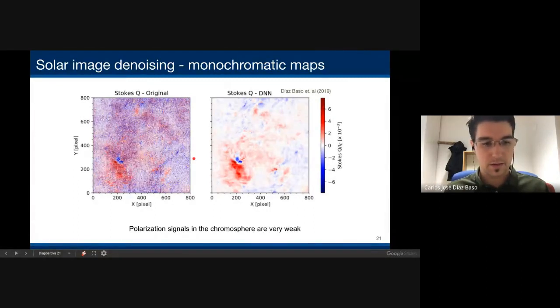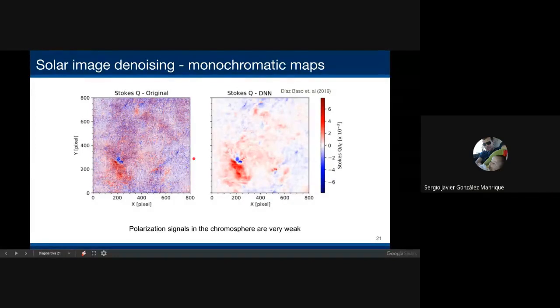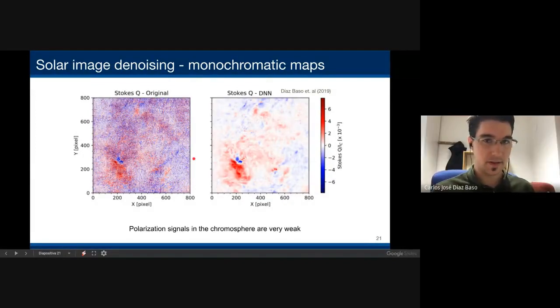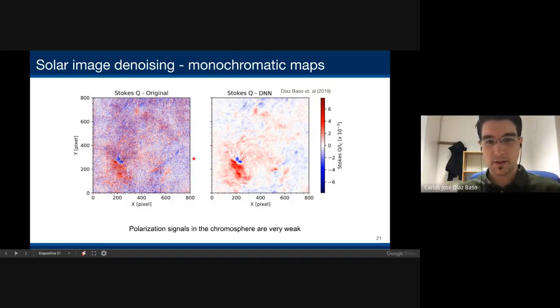But what you are suggesting is a little bit different, because what I wanted to exploit here was the problem that we have in the Fabry-Perot, that we have only a few points. However, in GREGOR, with a slit spectrograph, you have many points in wavelength.